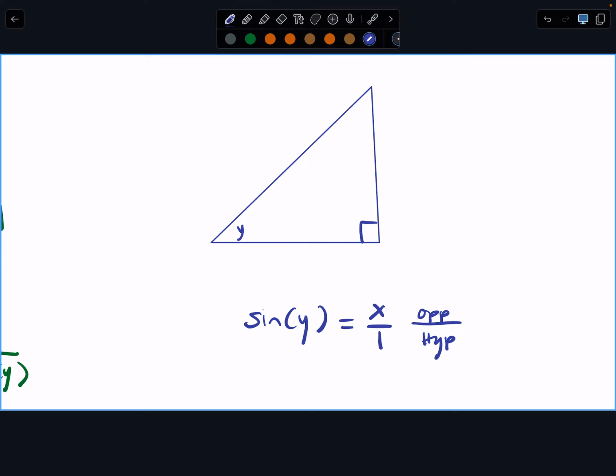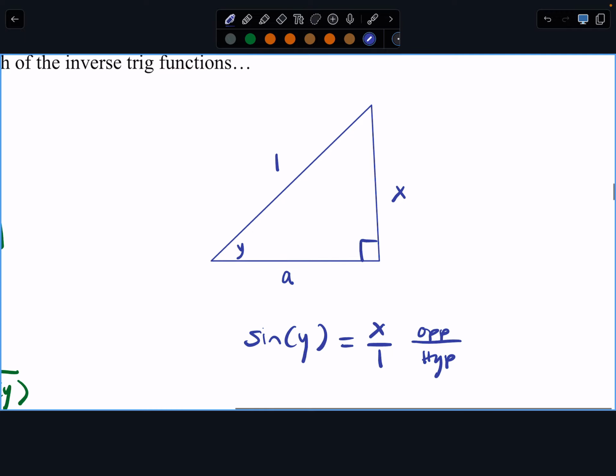If this is the angle y, opposite over hypotenuse. And we could figure out what this leg would be by using our handy dandy Pythagorean theorem. a squared plus x squared is equal to 1 squared. So a would be equal to the square root of 1 minus x squared.